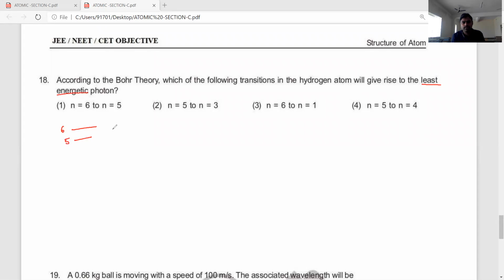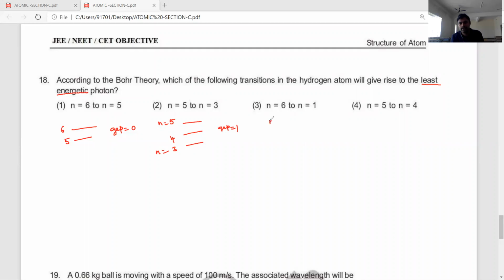Energy gap is 0. N is equal to 5 and n is equal to 3, means in between the fourth level is present. One energy level is present. So as the energy gap increases, the energy will increase.